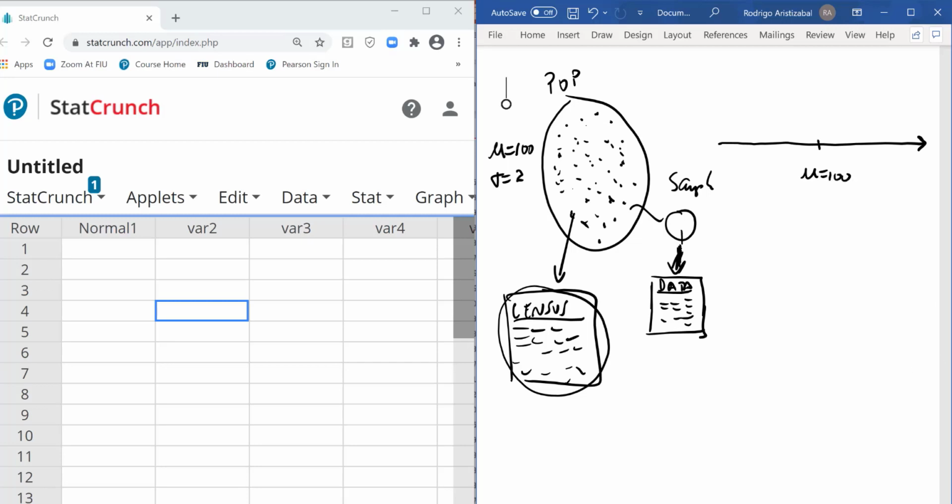It's possible that when I plot all of these points on this number line, I will obtain something like this. The majority of these points will be located close to 100 because the mean is 100.